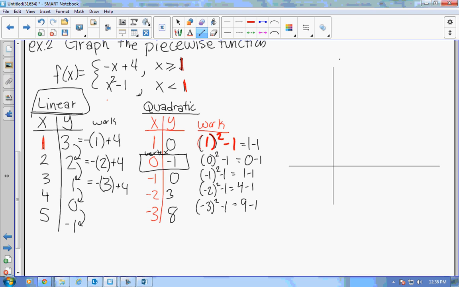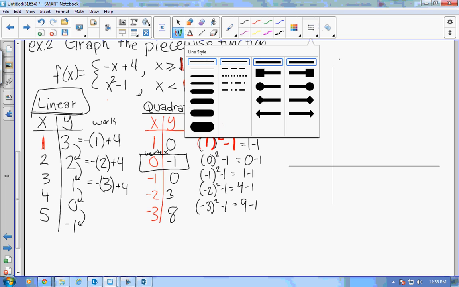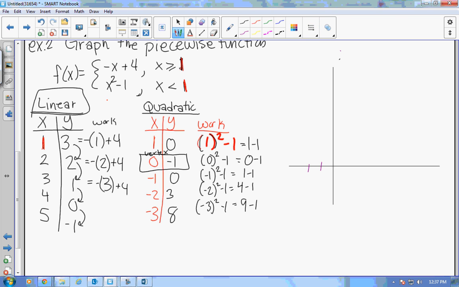Okay, if you need help drawing straight lines, use the side of your calculator. 1, 2, 3. Make sure they're evenly spaced. 1, 2, 3, 4, 5, 6, 7, 8. Make sure you label numbers on them. X's and arrows. 1, 2, 3.